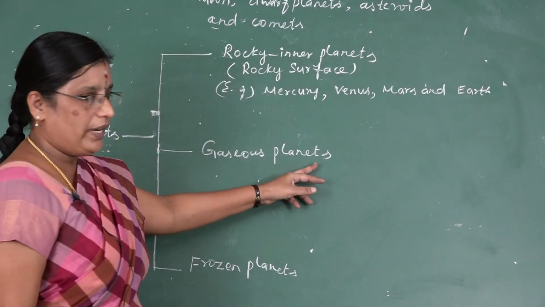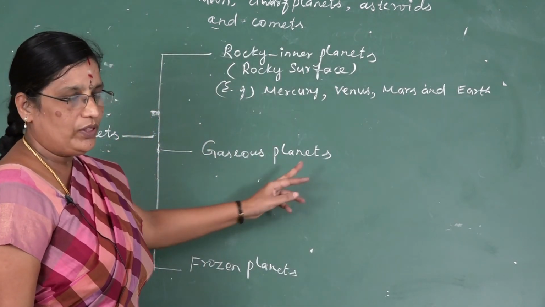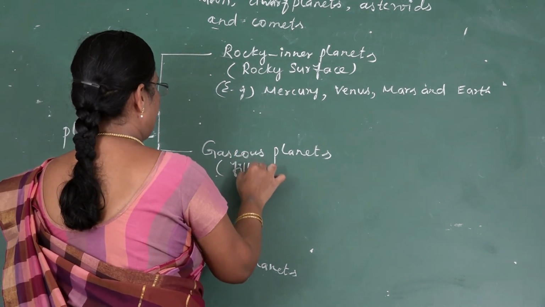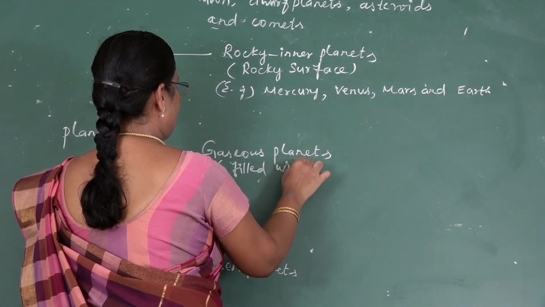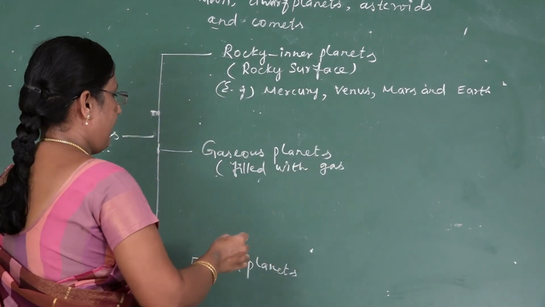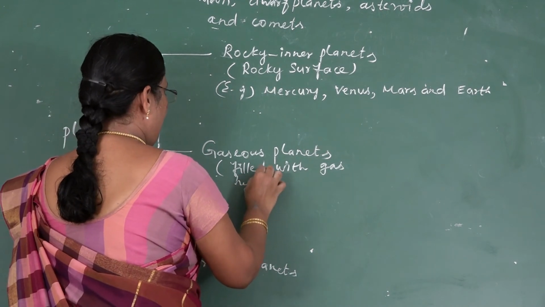What is called gaseous planets? The planets which are filled with gas are called gaseous planets. What are the gases filled here? Hydrogen and helium.